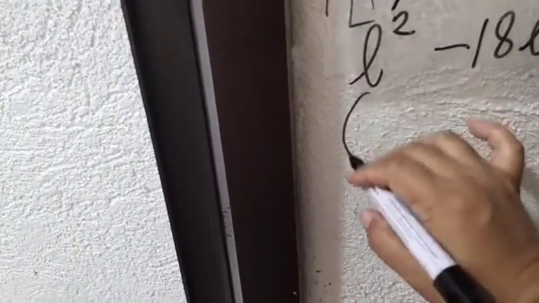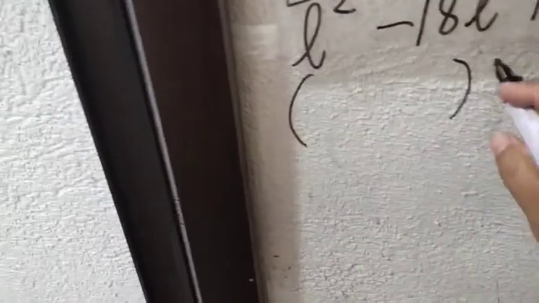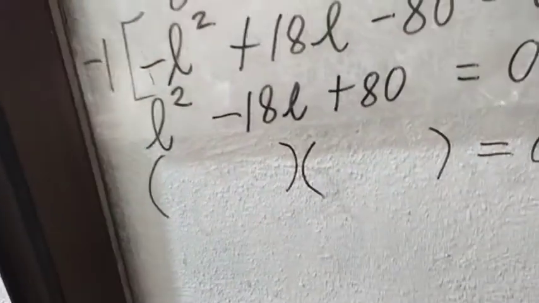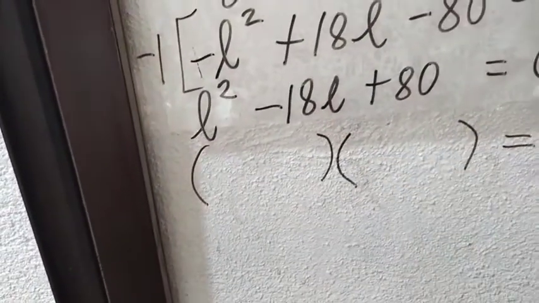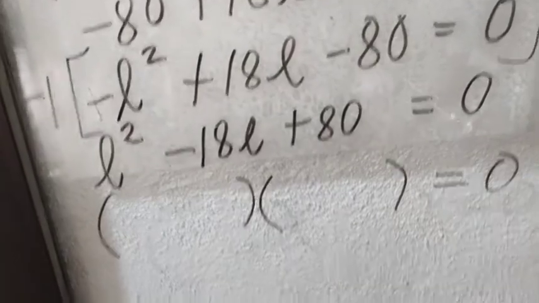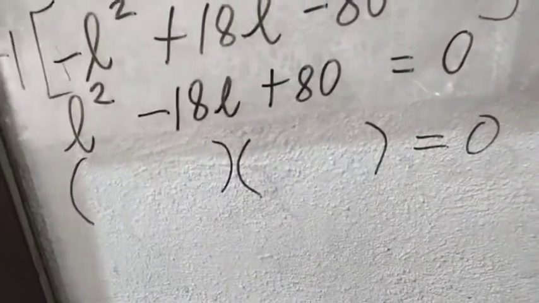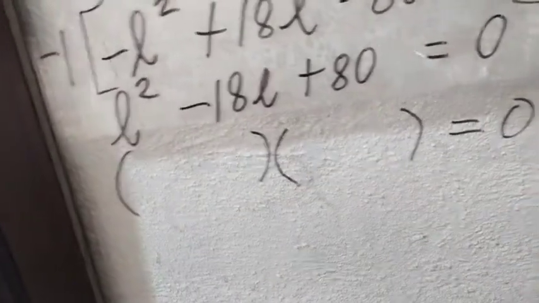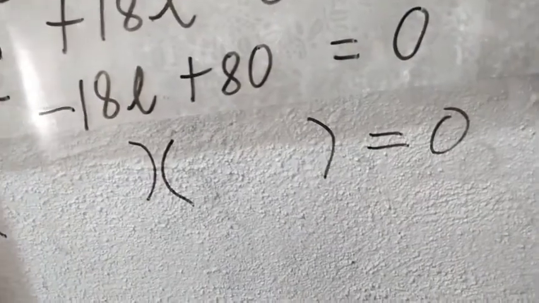Factoring na yung sunod. Ito na yung iiwanan ko sa inyo para naman ma-perform nyo na siya. So, ano kaya ang factor ni L squared minus 18L plus 80 by applying the general trinomial? And then, after you factored out, pag may nakuha na kayong factors, equate natin siya kay 0.